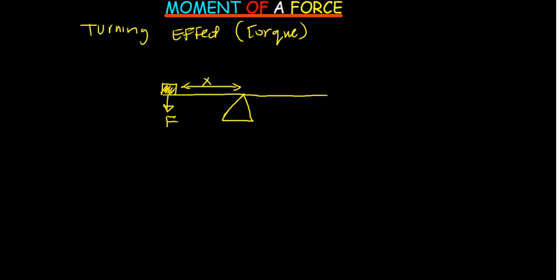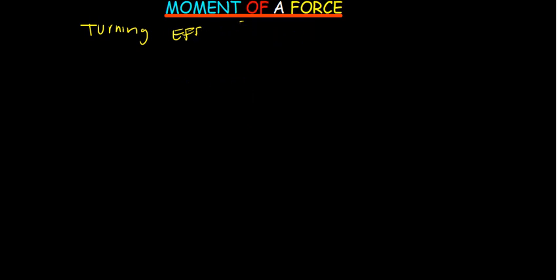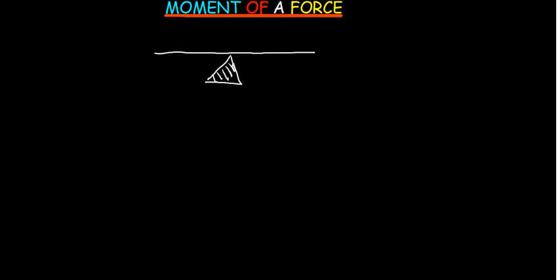For example, we are going to use this same object like this. Let's say we've got a ruler that you've put on a pivot, and then we've put one object here, we've put also another object here, and then we have got a distance from the pivot to this object.